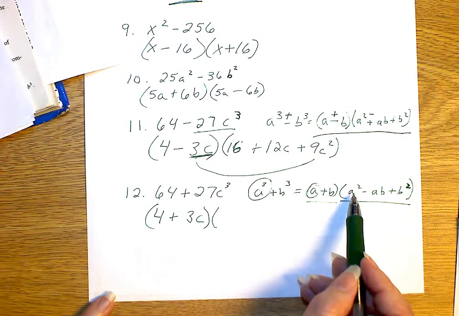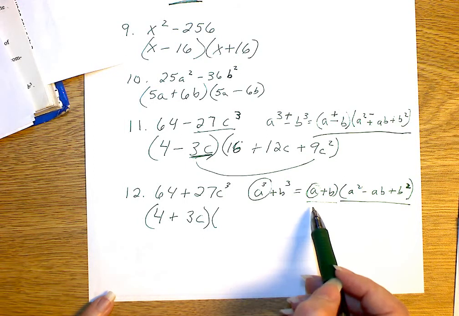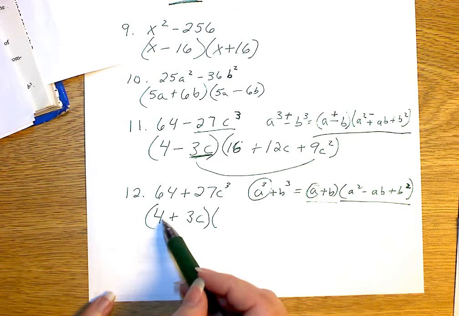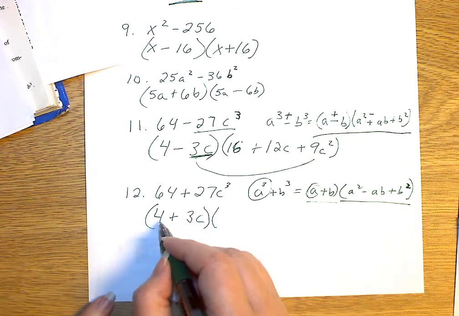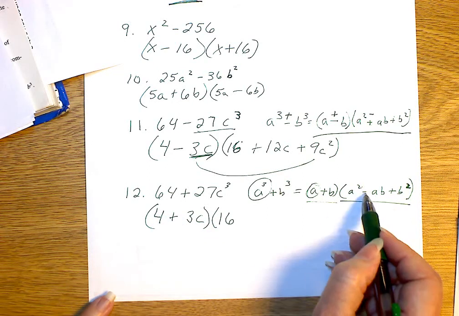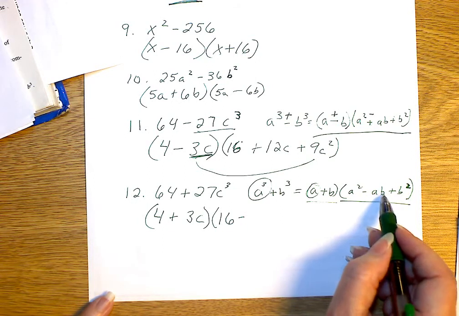It says a squared, so that means I'm squaring 4. Yep, 16. So now it says to put a negative sign, and it says to multiply the two numbers together.